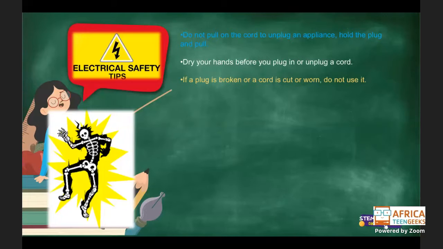If a plug is broken or a cord is cut or worn, do not use it. Whenever you can see that a cord has been cut or has a fault, do not use it at all.